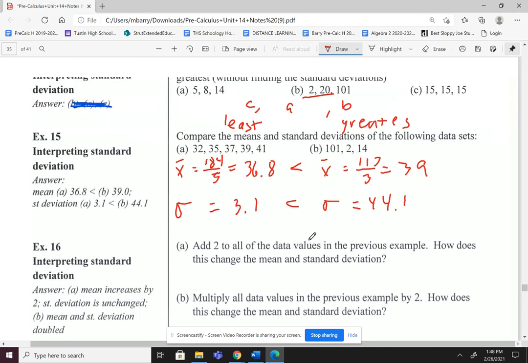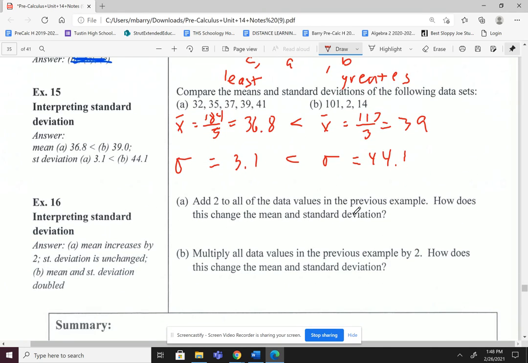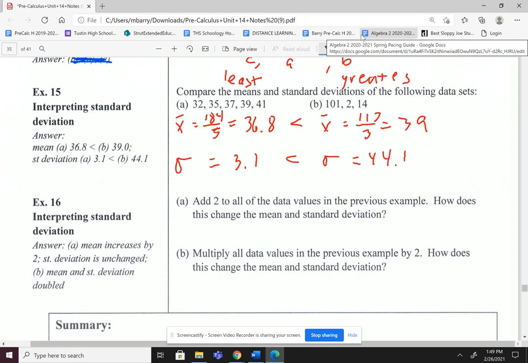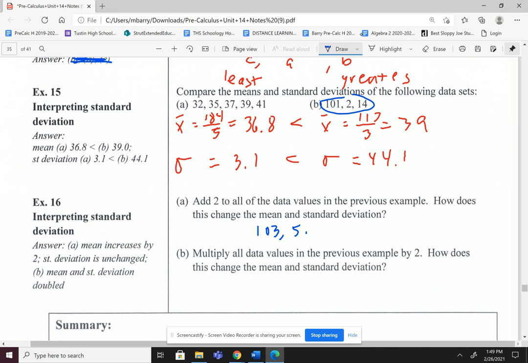Okay, if I add 2 to all the data values in the previous example, I'm just going to do part B. It kind of doesn't matter here. So I'm going to take the data from here, and I'm going to add 2. So I'm going to say 103, and then 5, and then 16. And then I'm going to find the mean and standard deviation.